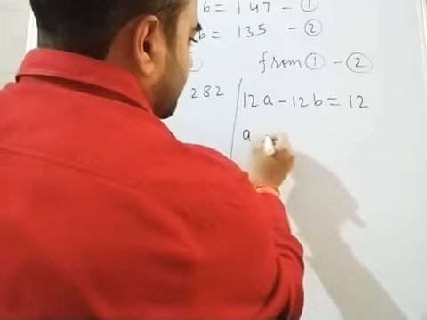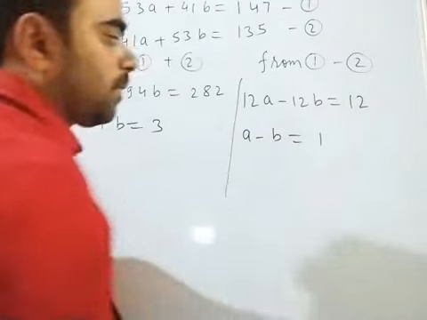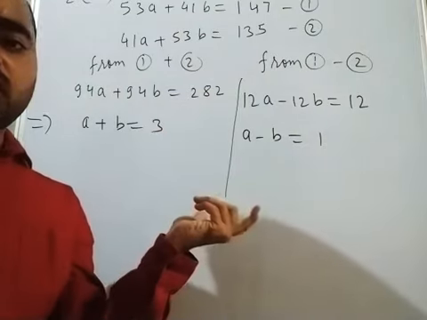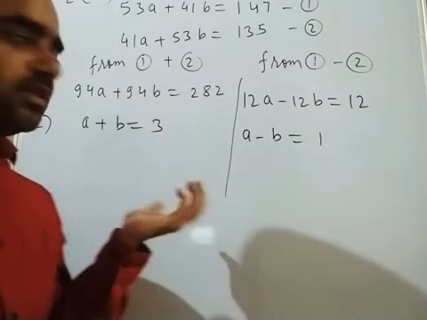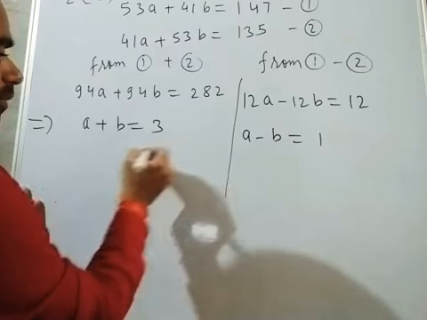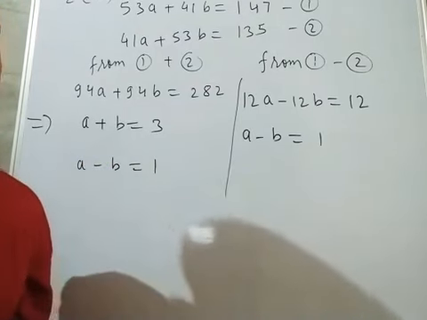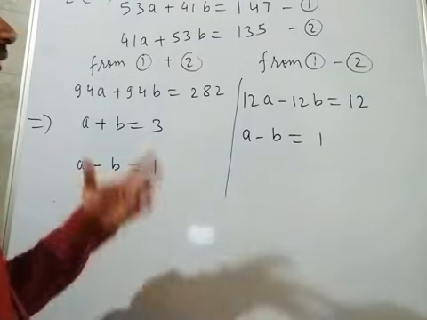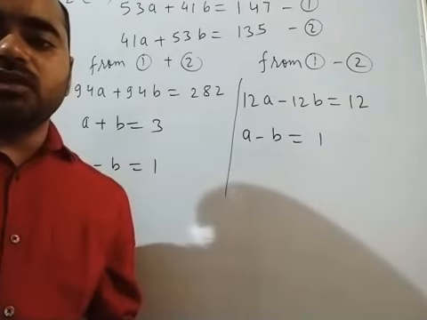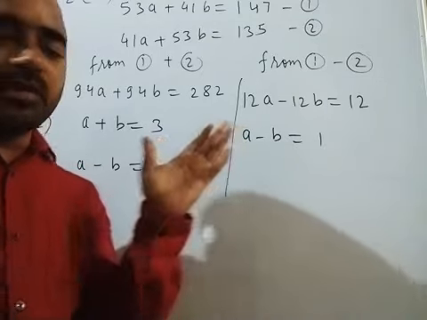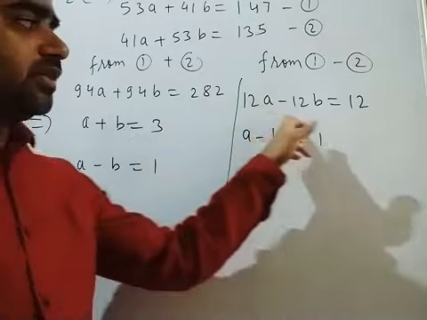It means a minus b is 1. Now the coefficients are the same, and equations are simplified. We have two equations, a plus b is equal to 3 and a minus b is equal to 1. Clear? First step, we have to add both the equations, then subtract both the equations, then divide by the common term multiplier. Here 94 was common, here 12 was common.